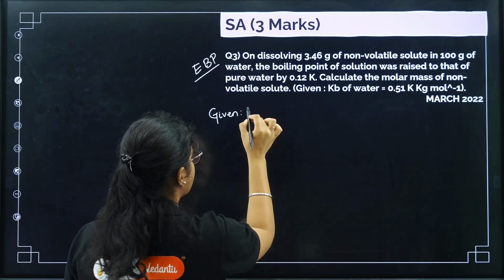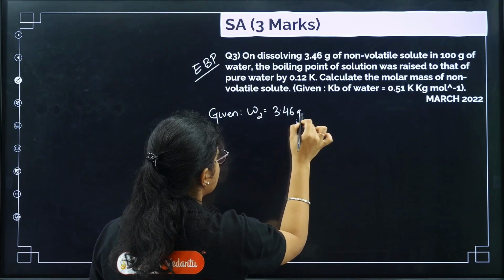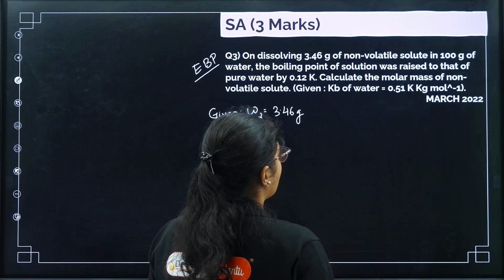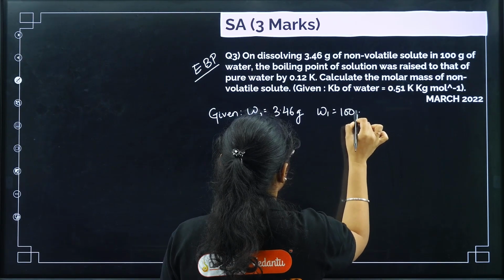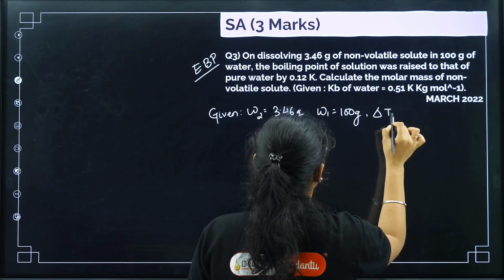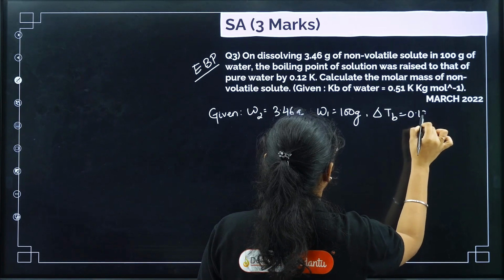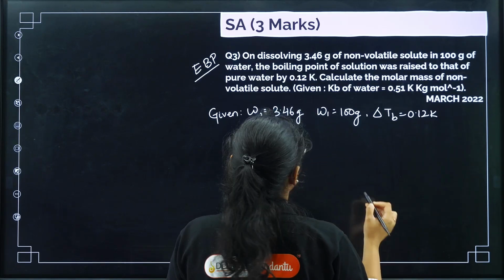We have non-volatile solute, W2 is 3.46 gram. Then you have 100 gram of water, W1 is 100 gram of water. Next you have delta TB, 0.12 Kelvin, and then you have molar mass, you need to calculate.